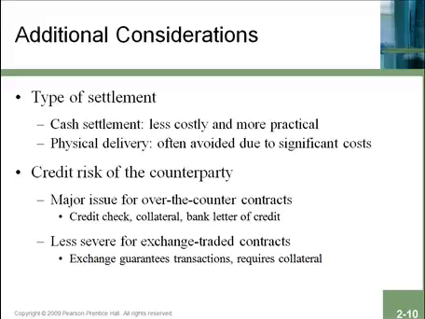Now, this isn't really a big deal for, say, futures contracts that are traded on organized exchanges, because those exchanges have clearinghouses that guarantee the transactions. These clearinghouses act as the buyer to every seller and the seller to every buyer, and in order to make sure that all the deals go smoothly, they require all of the market participants to put up collateral whenever they make a transaction.